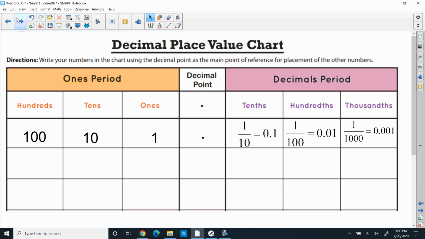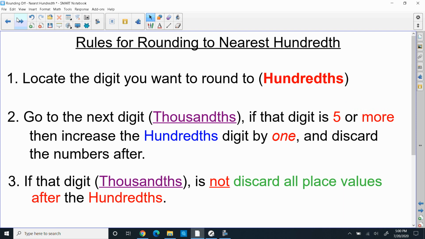So let's go on to a question. Oh, well, here are first the steps that we need to know. We'll go over that real quick because we did this last time. It's the same basic rules of rounding, but this time it's to the nearest hundredth. The first thing we do is locate the digit in the hundredths place. Once we find that, we go right next door to the thousandths place to see if that digit is 5 or more.